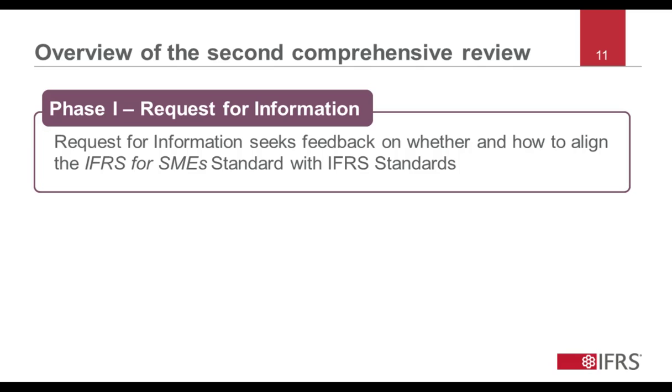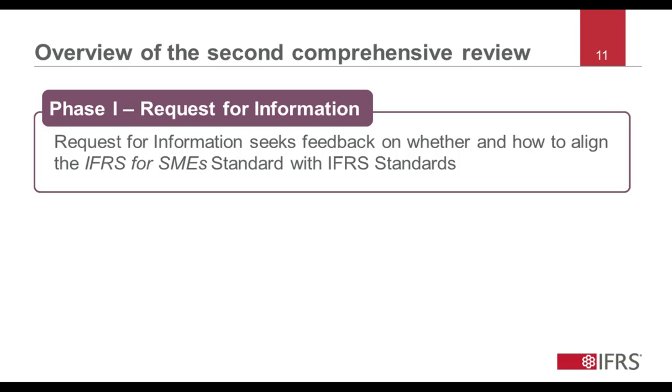So what are your views? What information do you have if we leave the IFRS for SME standard unchanged? And then a third question is whether the board has considered it needs further information. So it is just reaching out and saying, what are your views on this?